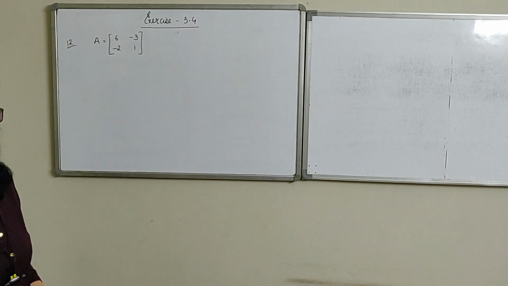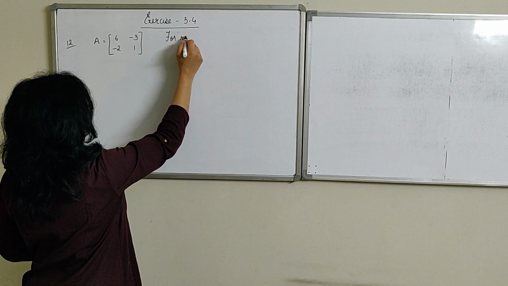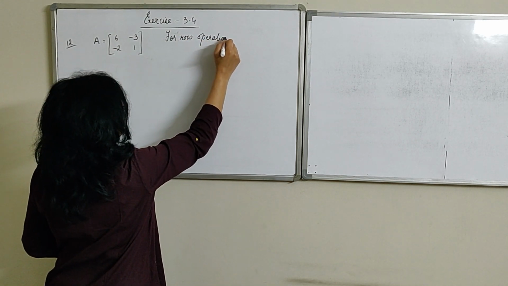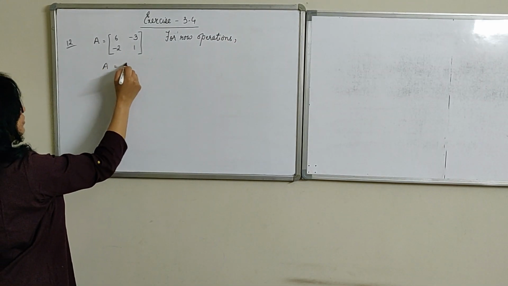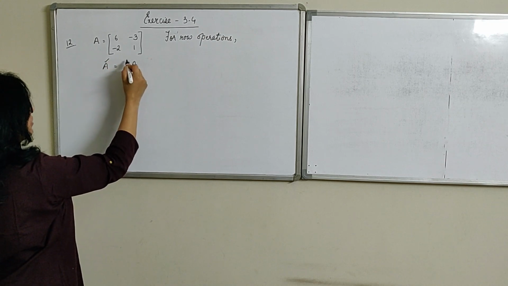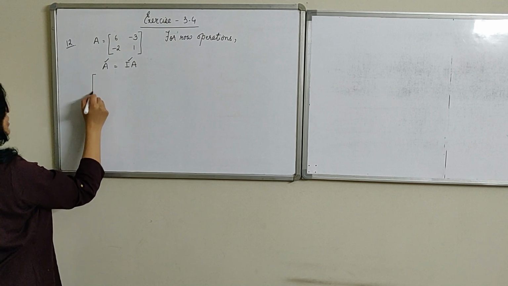So once again, for row operations, the matrix equation to be used is A equals I into A, where we make changes in matrix A on the left side and the identity matrix on the right hand side.